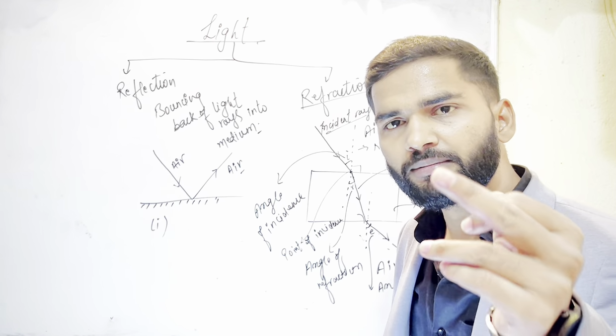Now what is refractive index? Refractive index is also a relation. Relation means ratio. Always remember the word: relation denotes the ratio. So what is refractive index? The ratio of the speed of light in the vacuum to the speed of light in the medium is called refractive index.